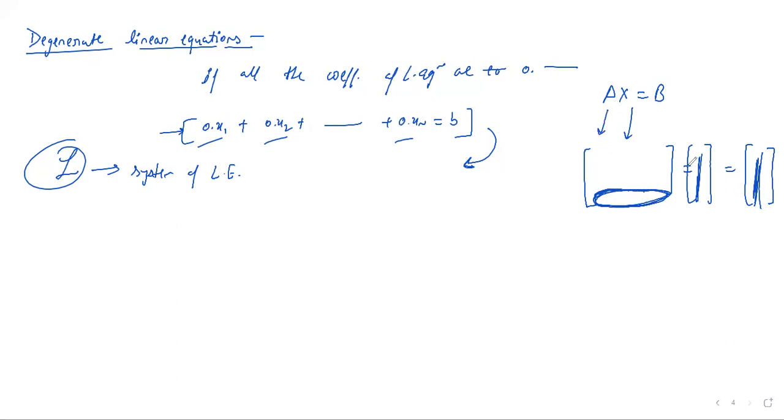For finding the unknowns, we form the equations and solve them, and when we form an equation corresponding to this row, we get a degenerate equation, as all the coefficients in this row are zero.